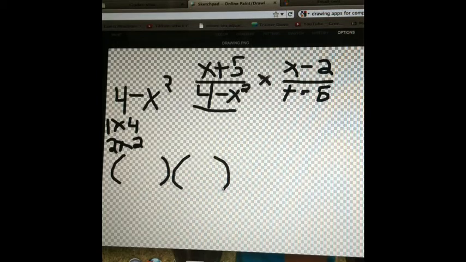And we have an x squared, so we have to separate the x's instead of writing x squared. So we'll put 1x here and 1x here. And we want to get a negative 4.